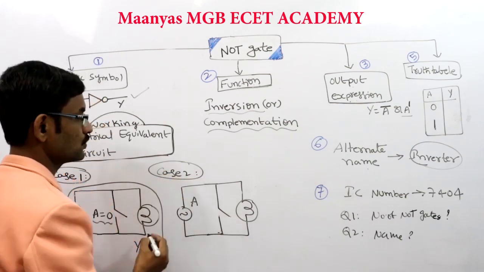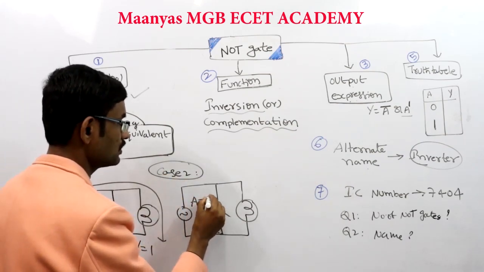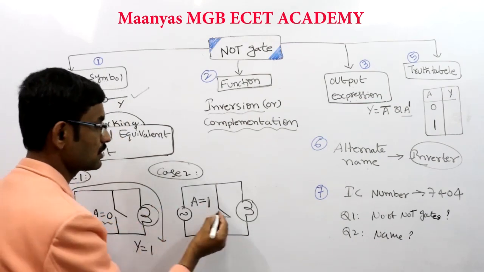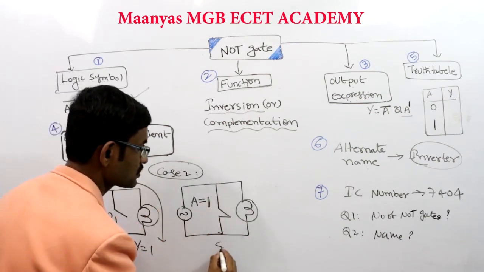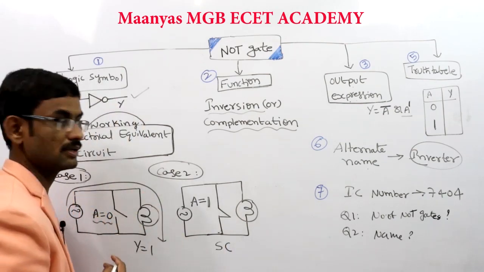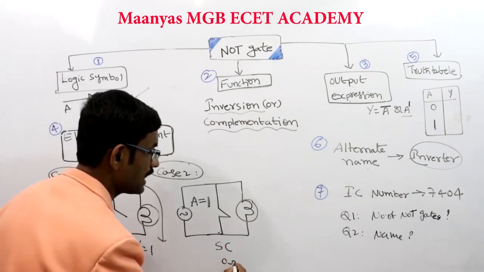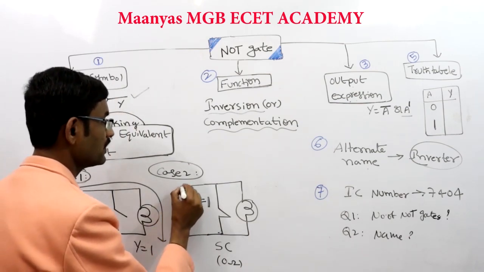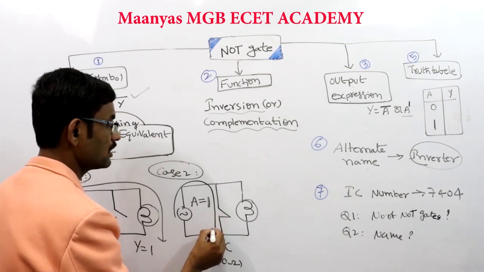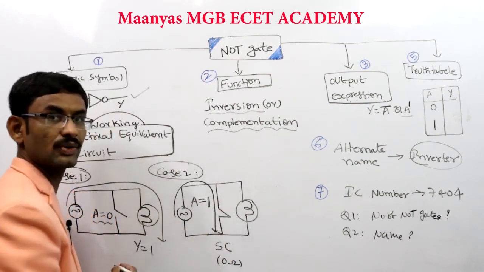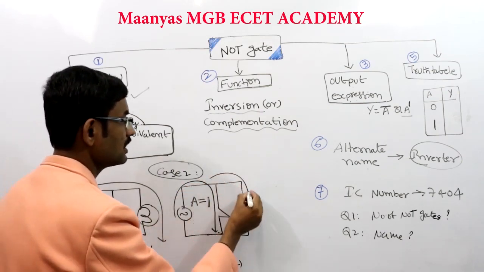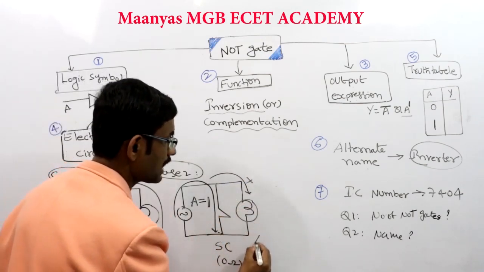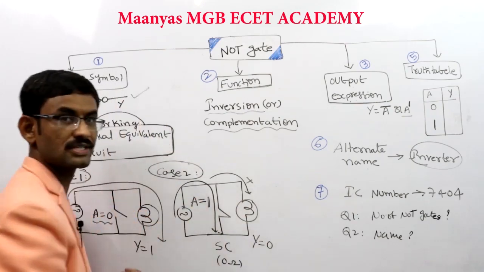Consider the case 2. Let A is equal to 1. The switch is closed. When the switch is closed, it acts like a short circuit. The internal resistance of a short circuit is ideally 0 ohms. So the total current from the source flows into the switch or short circuit. No current flows into the bulb. Therefore, the bulb does not glow and the output becomes 0.